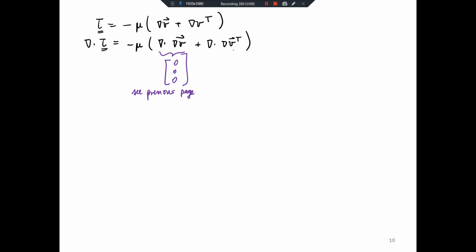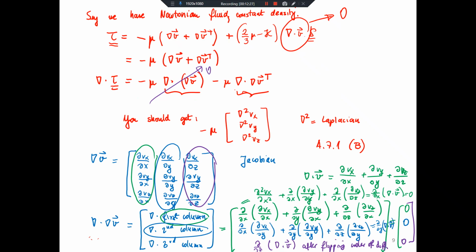Now I'm wondering what is the divergence of the Jacobian transposed. Now, the Jacobian transposed is, I will just basically transpose the matrix that I had on the previous page for the Jacobian. So basically, what was my first column will become the first row.